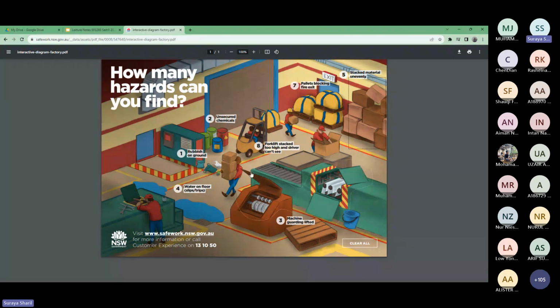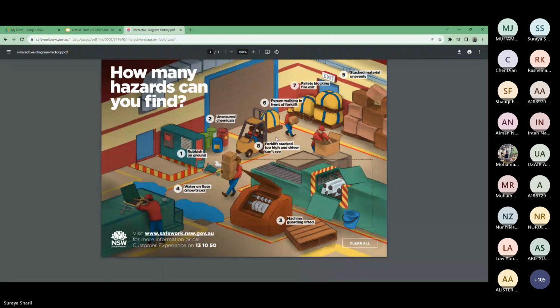Okay, so you can try this one because there should be one. Number 2, this is a person walking in front of the forklift. Number 2.